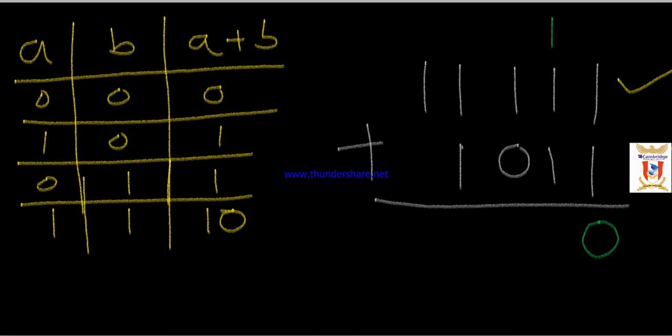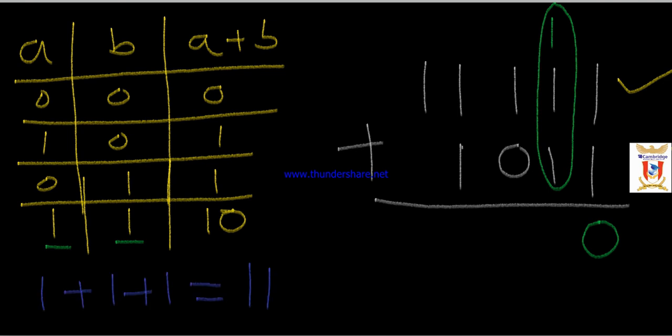Now, according to the table, we were adding only 2 digits at a time, like 1 plus 1 is equal to 10. But here we have 3 digits now, 1 plus 1 plus 1. So we should know what to do here. Binary doesn't have digits except 0 and 1, so 1 plus 1 plus 1 will not be 3, it will be 11.